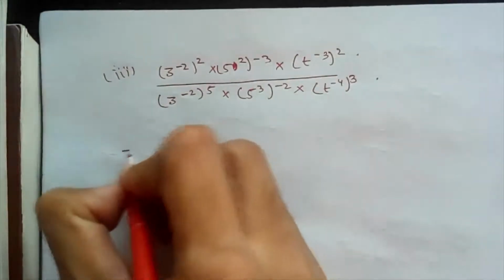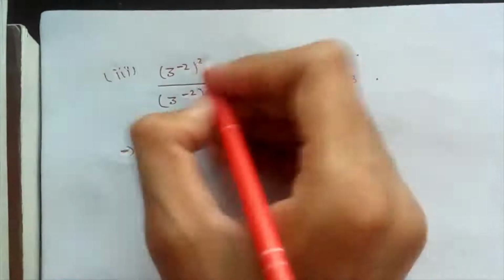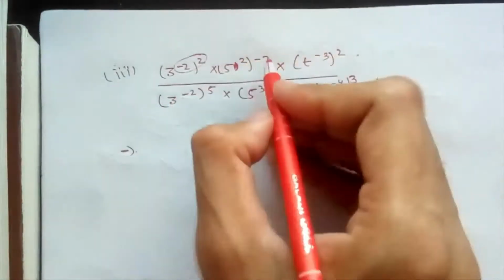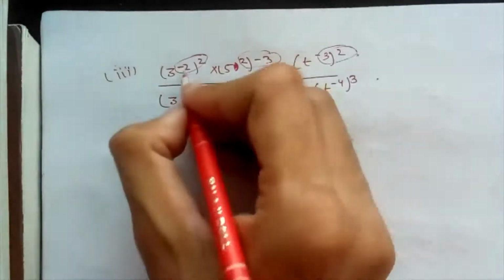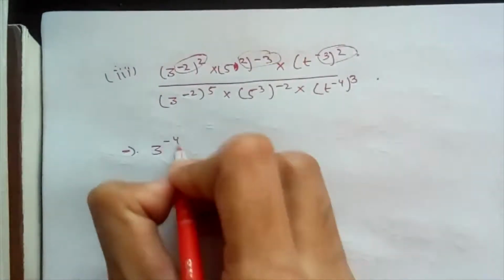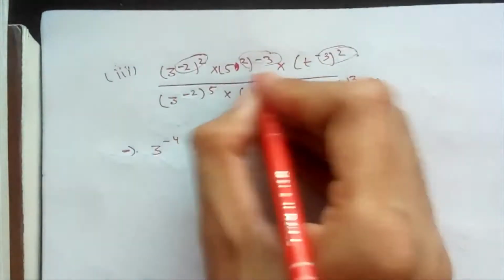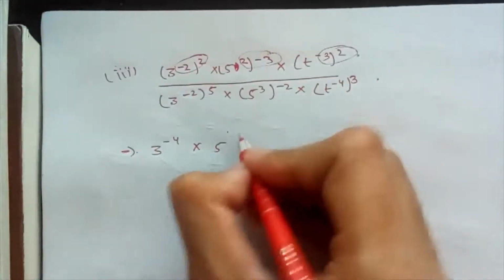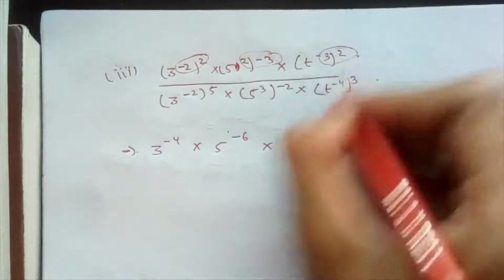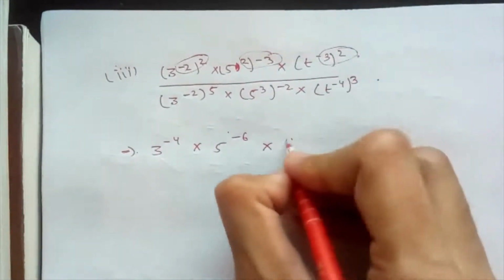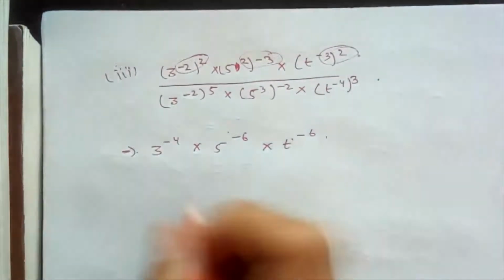These questions are very simple if you understand it. You have to first multiply the powers. Let's multiply. Minus 2 into plus 2 is minus 4. 2 into minus 3 is minus 6, and this 3 into minus 3 into 2 is minus 6 again.